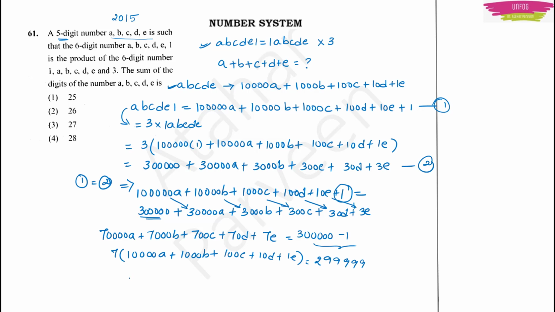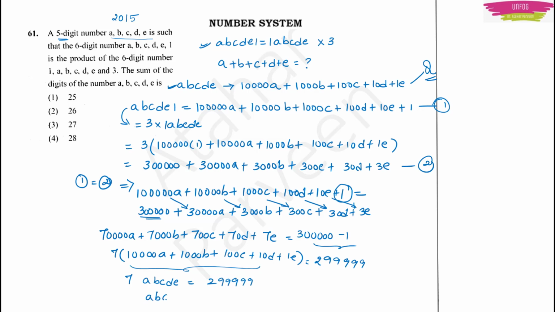Now this entire expression is the expansion of the given number. So 7 times ABCDE is equal to this number, 299999, that is 2 followed by 5 nines.